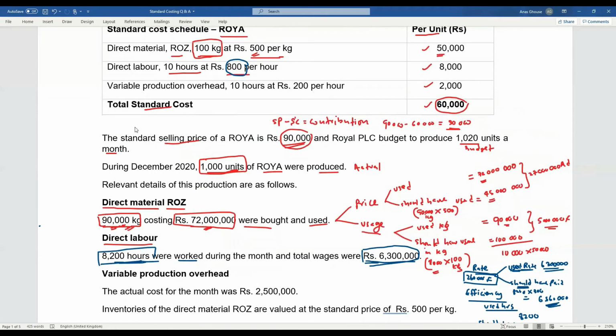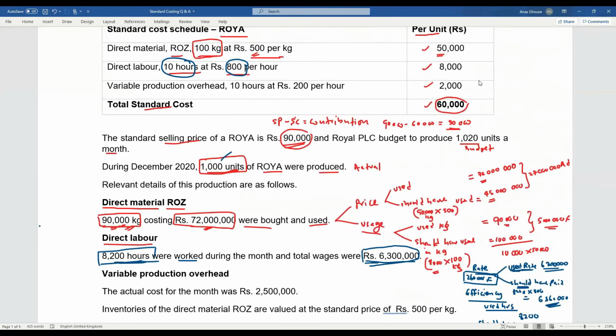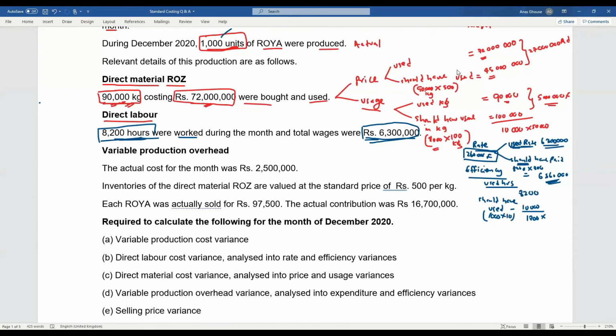We were planning to use 10 hours per unit, and we were producing 1,000 units, so 1,000 times 10 is 10,000. So 10,000 minus 8,200 is 1,800, times the standard rate, which is 800.